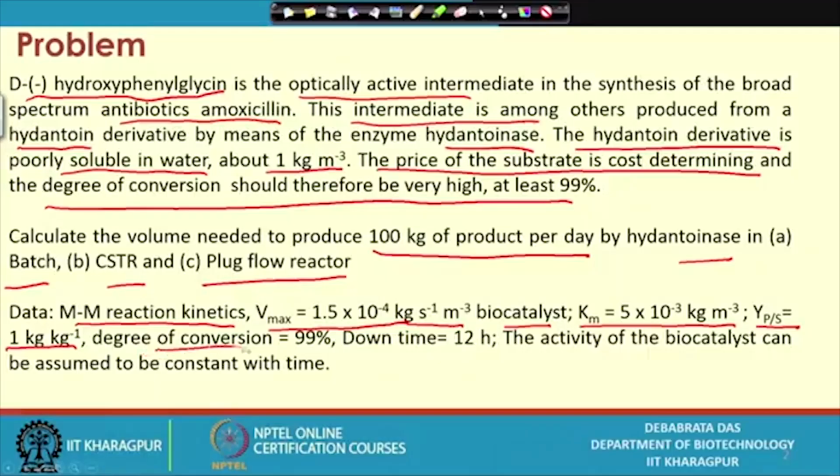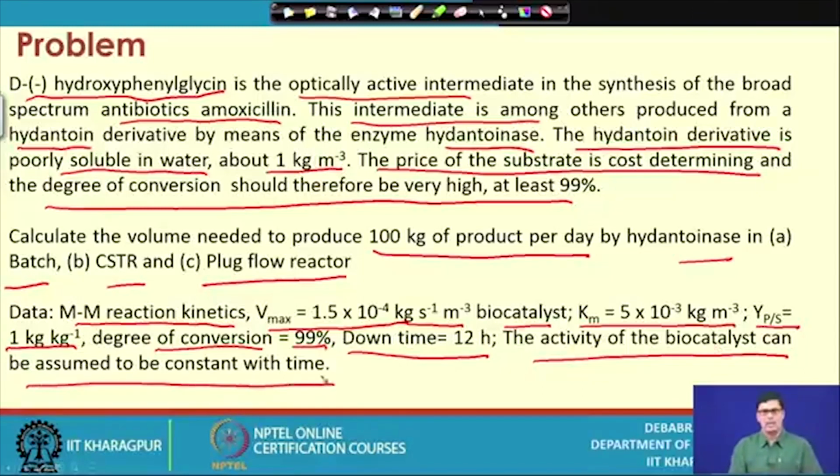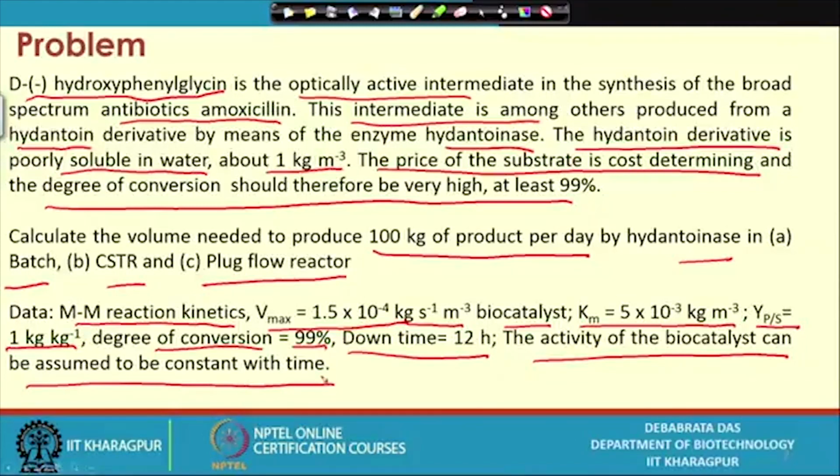The degree of conversion, as we mentioned above, is 99%, and the downtime is 12 hours. The activity of the biocatalyst can be assumed to be constant with time, because if the activity of the biocatalyst varies with time, then it is very difficult. Then we shall have to do an integration, and I shall show you in the next problem how you can solve that.